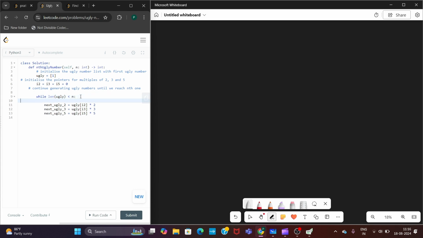This procedure basically means calculating the next candidates for ugly numbers.